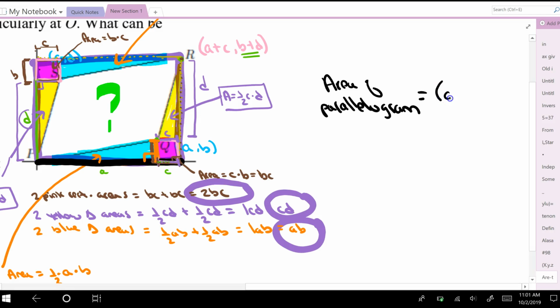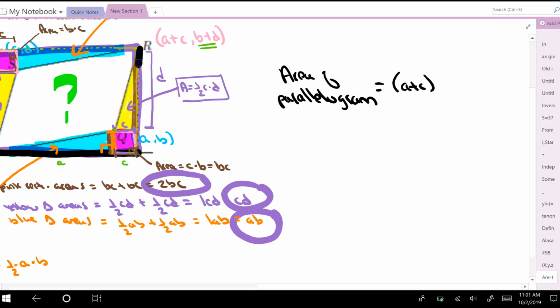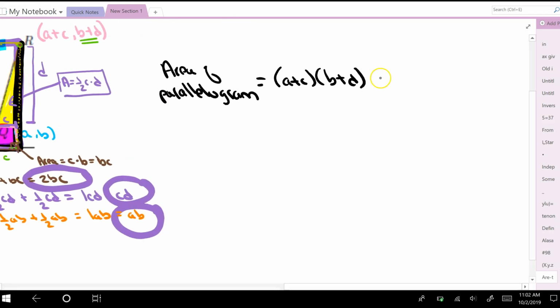So it's A plus C times the height right here. What is this height? That is B plus D. A plus C times B plus D. That's the area of the entire rectangle. Then I want to subtract out each of these. Minus 2BC plus CD plus AB.